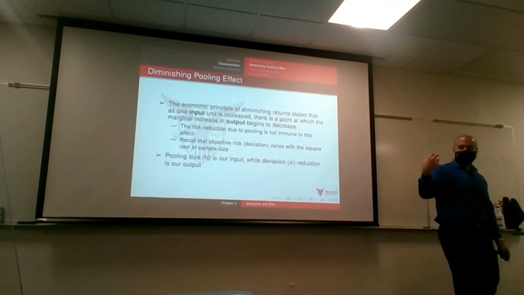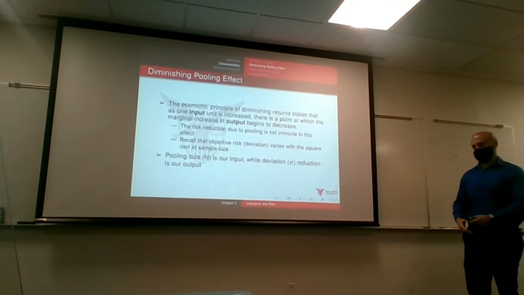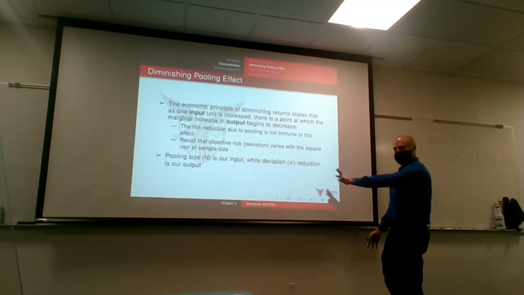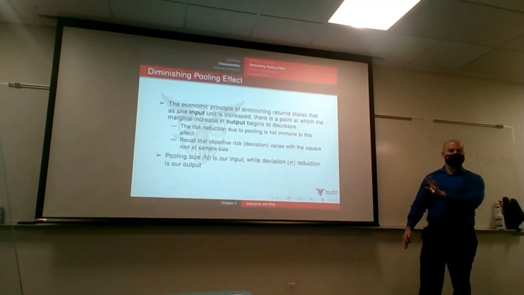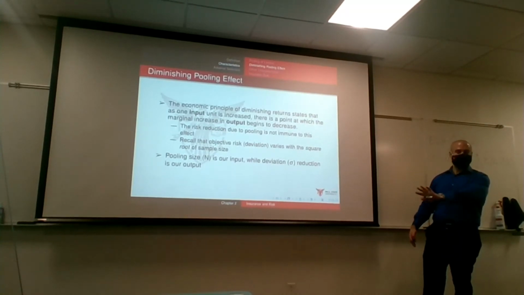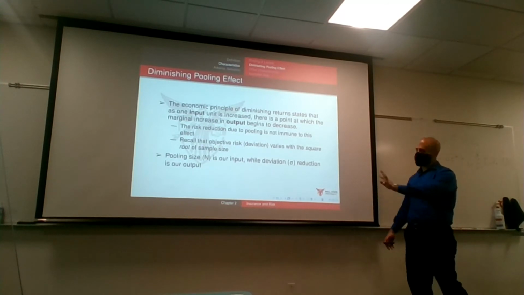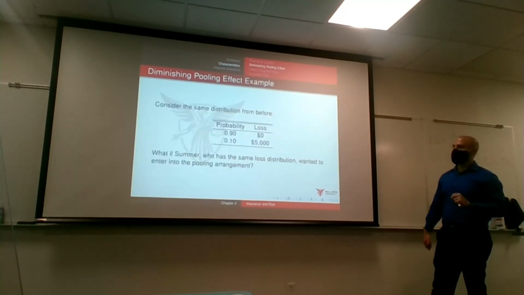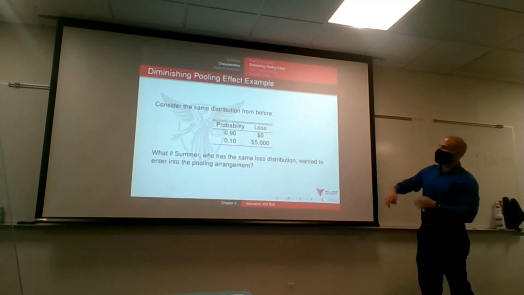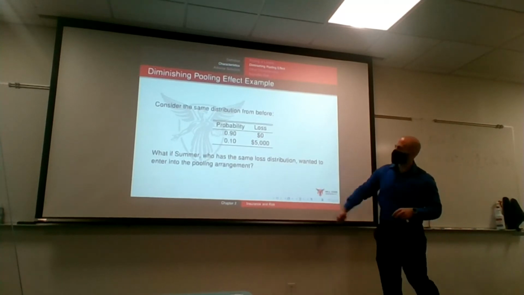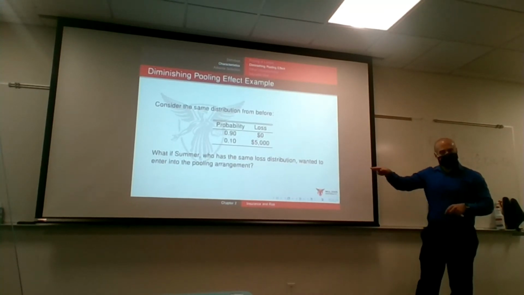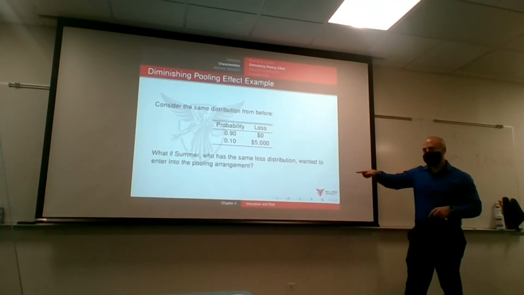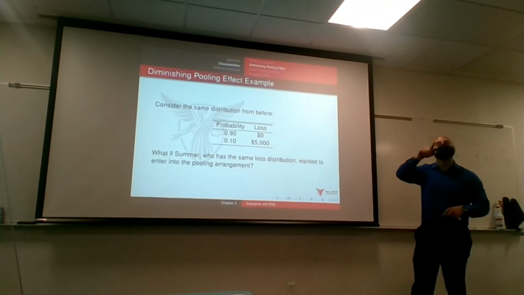But it's not going to reduce at the same amount. I do work through a quick problem, and I just want you to be aware of this. This is not the worksheet. You will not have to work through this on the exam, but I just wanted to show you this example. So we have the same distribution, and let's say Summer wants to pool with John and Jessica.